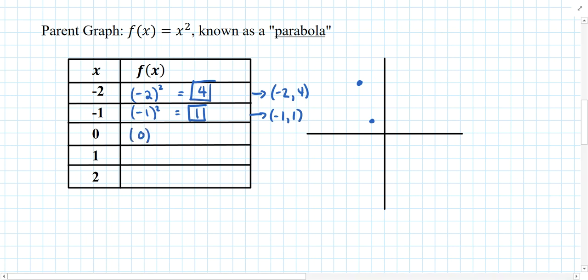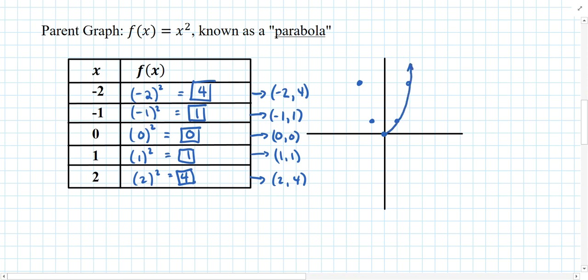The remaining points follow similarly. These 5 points are often called key coordinates, and we can transform their locations to graph any quadratic function written in vertex form. We call the shape of this function a parabola.